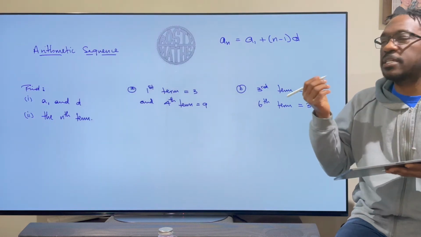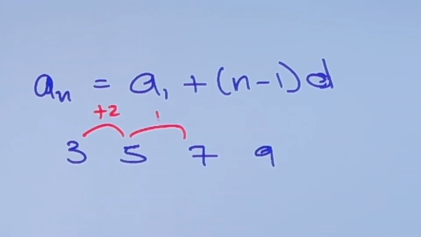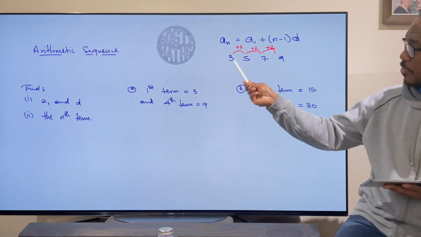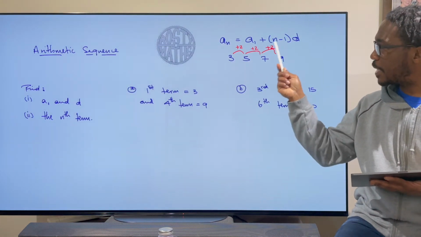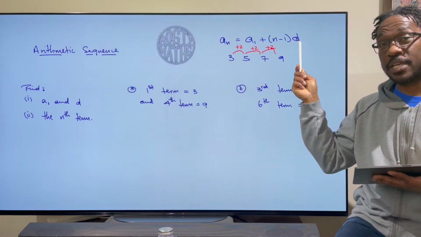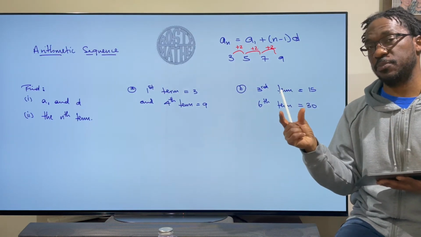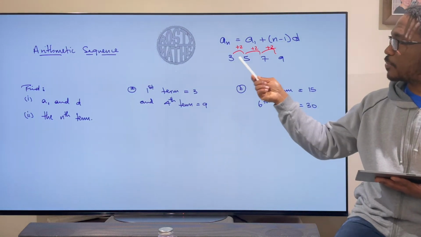Well, if I write a simple sequence like 3, 5, 7, 9, and so on, you can see that this sequence is going up by adding 2 every time. And just so you know, the 3 is the first term, and the 2 that you're adding every time, that's the common difference. It could be something you're adding or something you're taking away. It's just the difference between the two numbers, okay? So that's my common difference. It's 2 and the first term is 3.